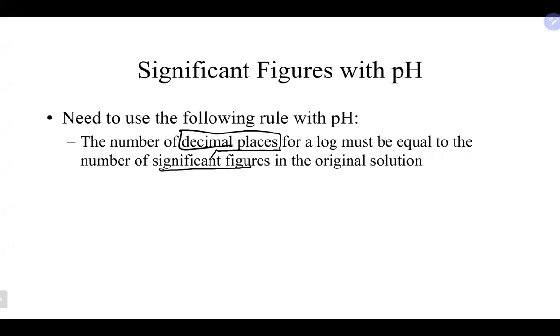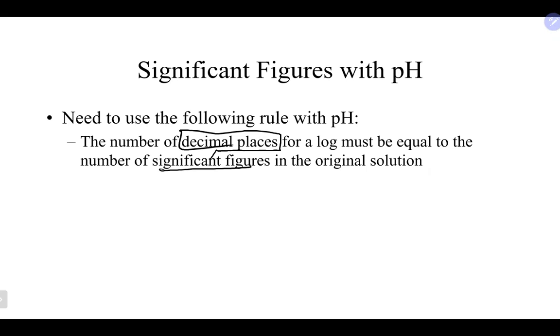If you look at the concentration you're using to calculate the pH, however many significant figures there are in it is how many decimal places, not significant figures, in your pH. And going backwards from pH to concentration works the same way. If you have a pH value with a certain number of decimal places, that is how many significant figures your concentration should have.